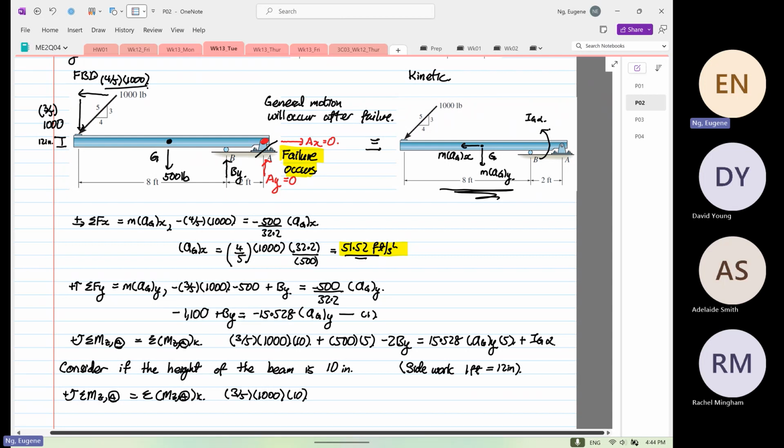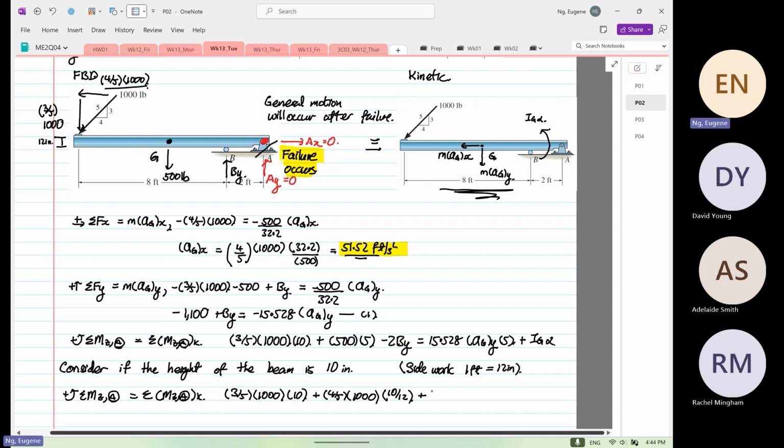Now if we consider the 4/5, it will also generate an anti-clockwise direction. So this will be plus 4/5 multiplied by 1,000. And the height is 10/12.